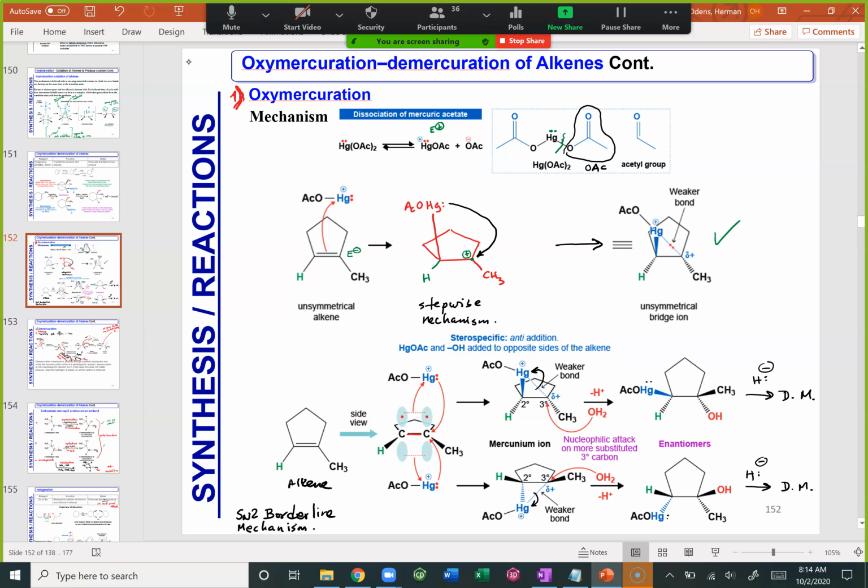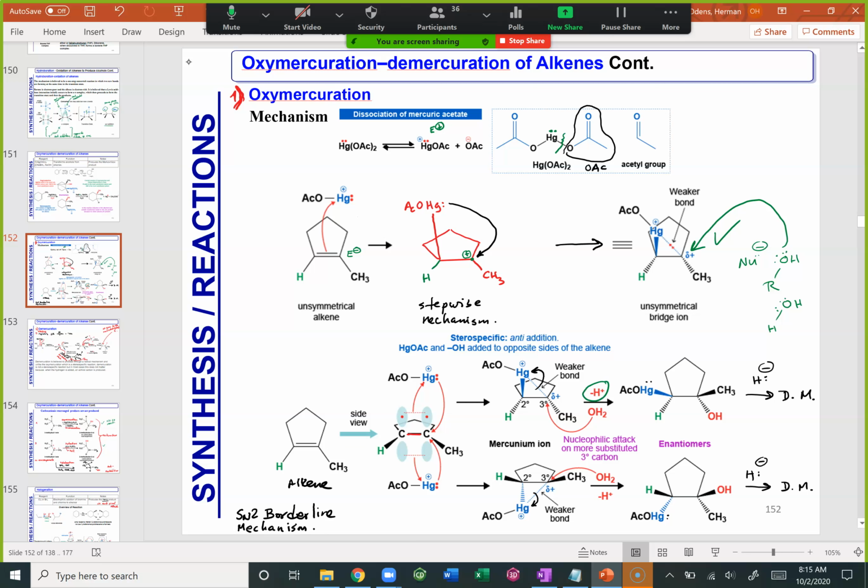Notice that now your nucleophile, whether it's OH minus, if it's an alcohol, or if it's water, will go and attack here, and now you will have the OH there after you deprotonate. And so notice sometimes you'll see this minus proton.